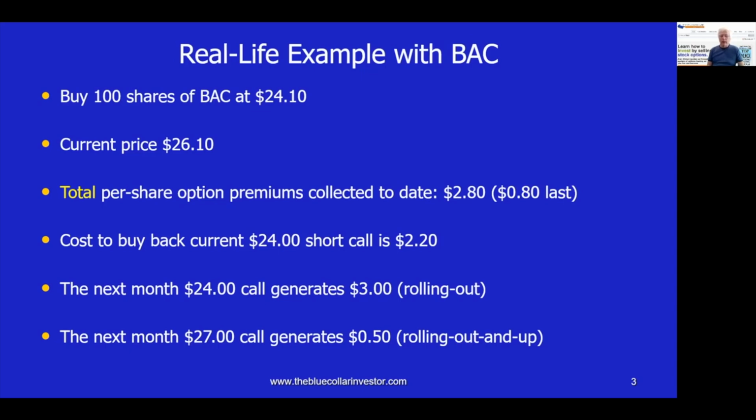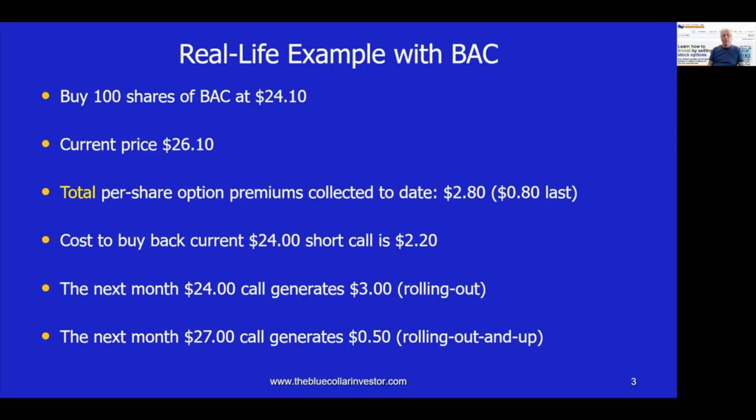Now, if we were to roll it out to the following month's 24 call, that would generate $3. That's rolling out. So we roll out from one 24 call to the next month's 24 call. Of course, we generate $3, but it costs us $2.20 to buy back the near month call. Now, what about rolling out and up to the 27 strike? So we're rolling from the first month's 24 call out to the next month and up from 24 to the 27 strike.